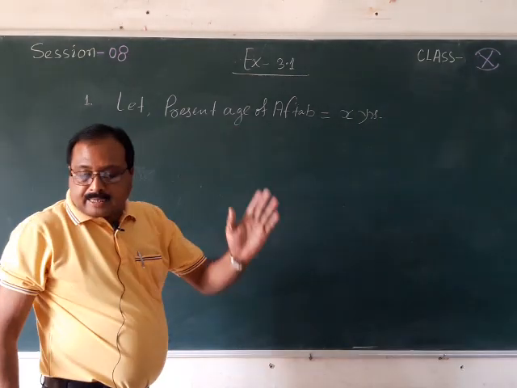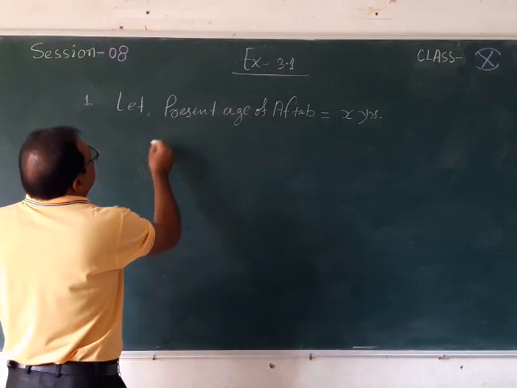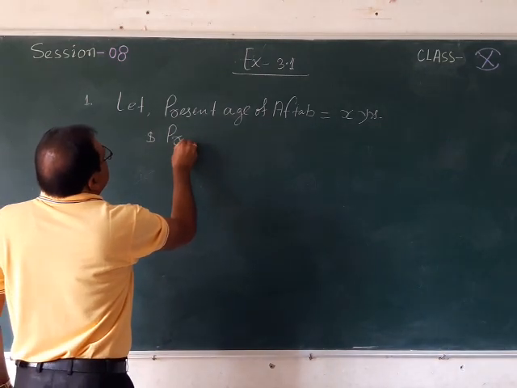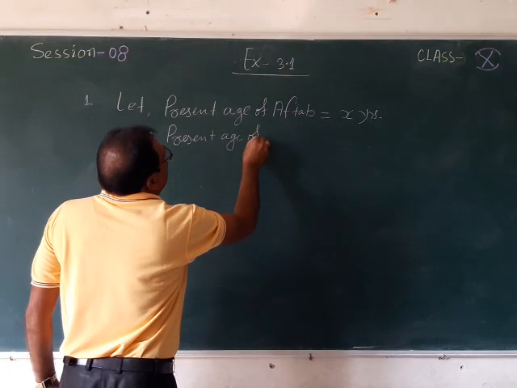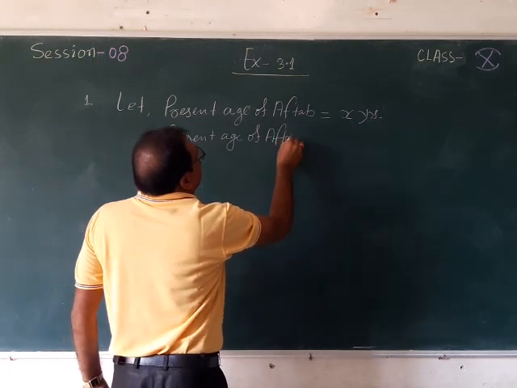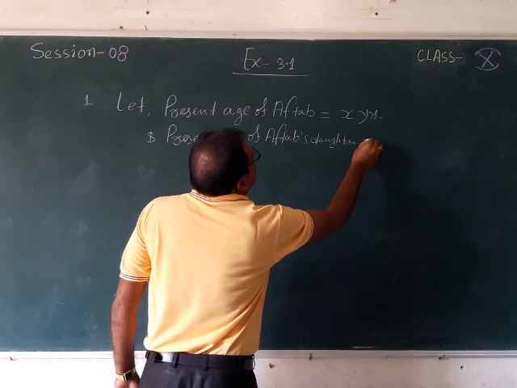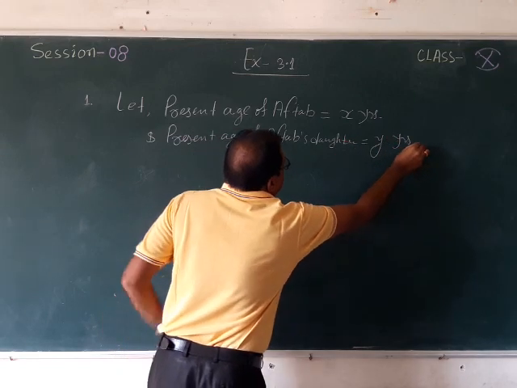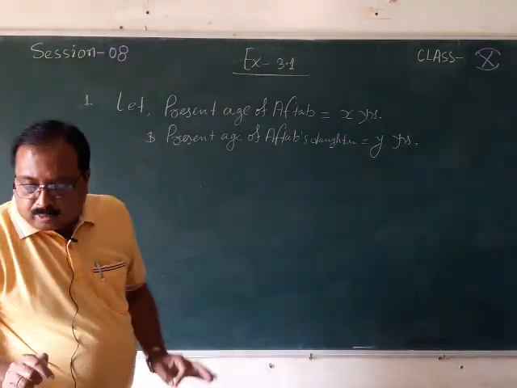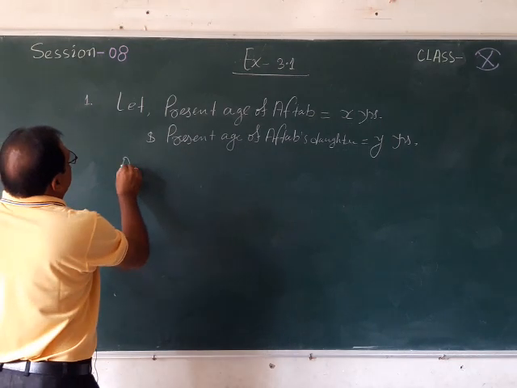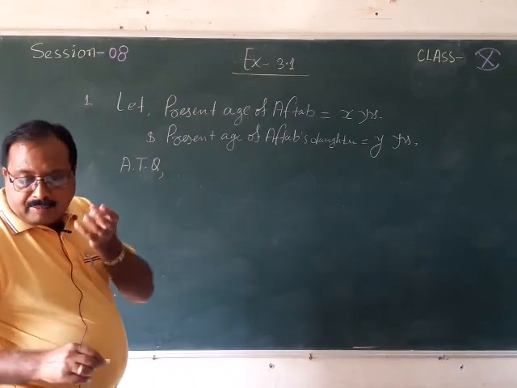Suppose Aftab's present age is x years, and the present age of Aftab's daughter is y years. So the present ages of Aftab and his daughter are written. According to the question, ATQ, what is given here?